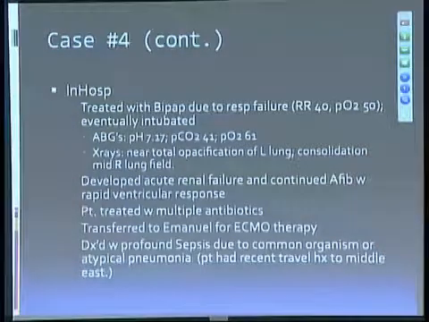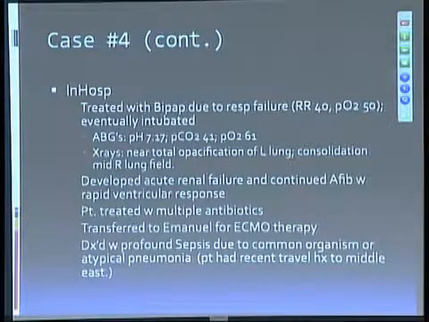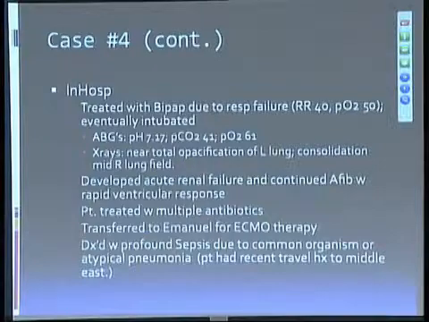O2 sats are 85. Blood pressure was up. Why not BiPAP or CPAP? CPAP and his Med-Neb. So he was put on BiPAP in the ED, with increasing respiratory failure.